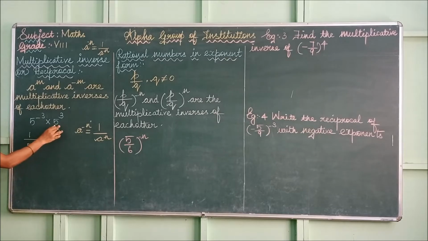We should not change this value. You have to change any one of the values only. So I am changing this value. So cancelling those two, you get the value as 1.